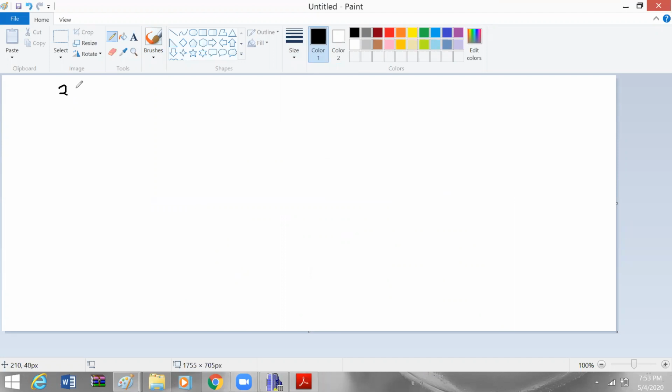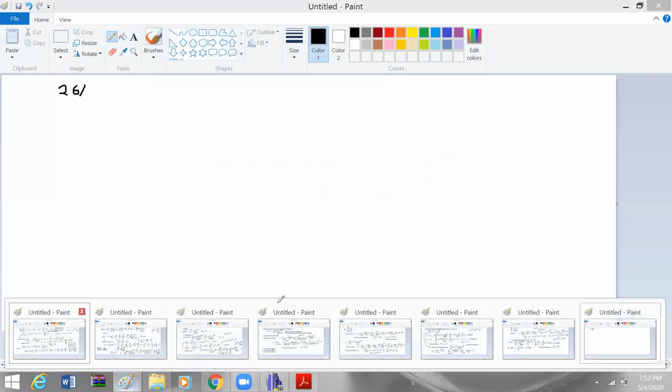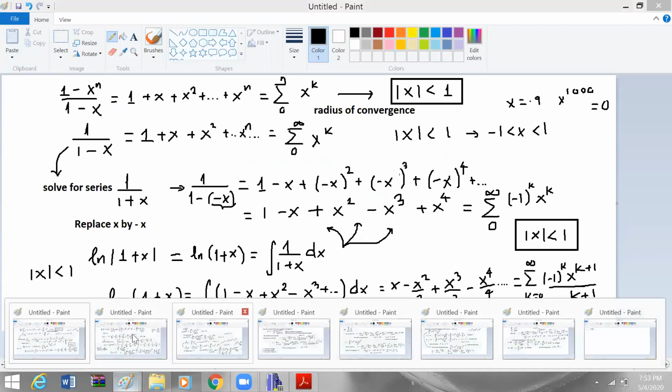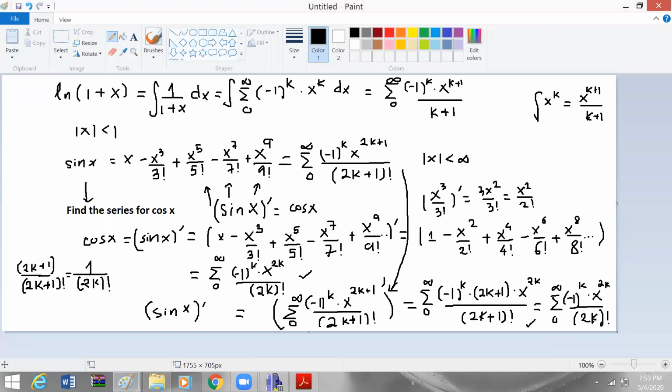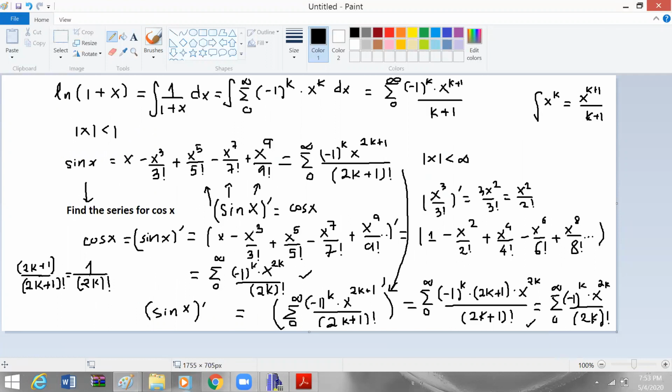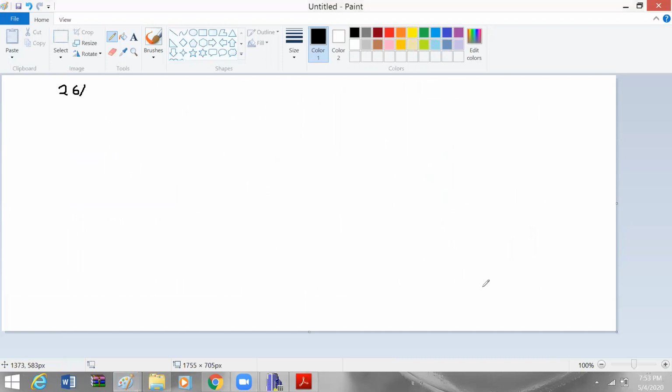We have to move to the next part. I'm going to come back to figure out the divergent series of this part and the radius of convergence for arctangent. I claim this is convergent for all x. I'm sorry, arctangent is actually convergent for absolute value of x less than or equal to 1.